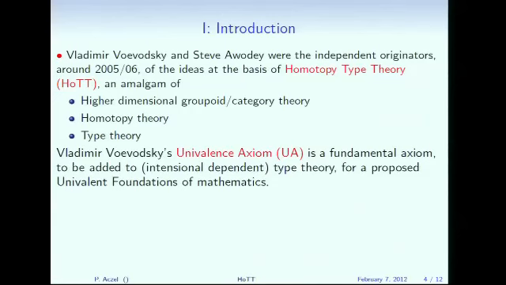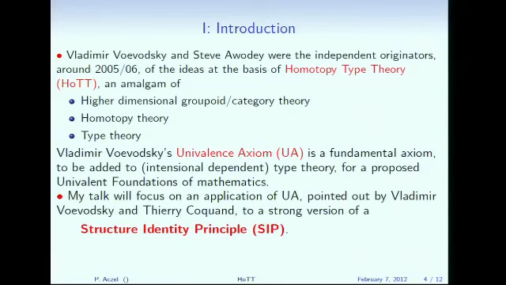Okay, as I mentioned, the univalence axiom is an axiom introduced by Voevodsky to be added to dependent type theory. And he puts it forward as a new approach to the foundations of mathematics. So I'm going to focus on an application of the univalence axiom, which I'm calling the structure identity principle.